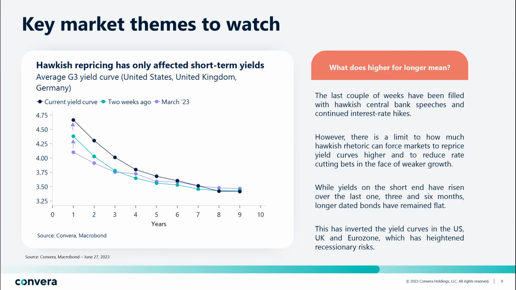And because of the divergence between the yields on the short end, which have risen, and the yields on the long end, which has pretty much remained constant over the last couple of months, the 2s10s yield curve, which basically displays the difference between what investors get paid to hold longer dated bonds versus shorter dated bonds, has fallen to the most negative since the 1980s and 1990s for these three countries. And this inversion has historically been one of the best indicators for an upcoming recession.